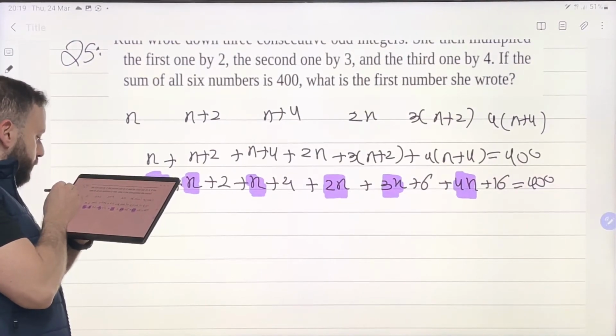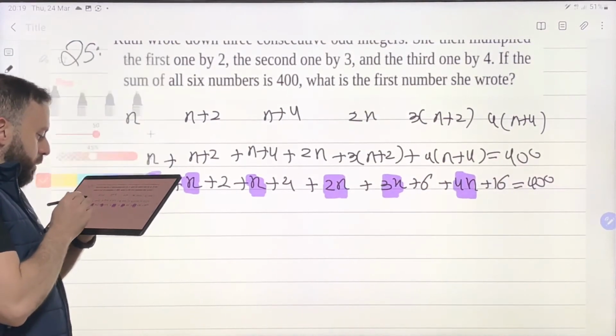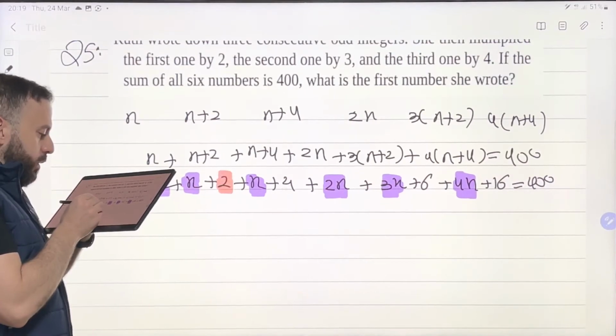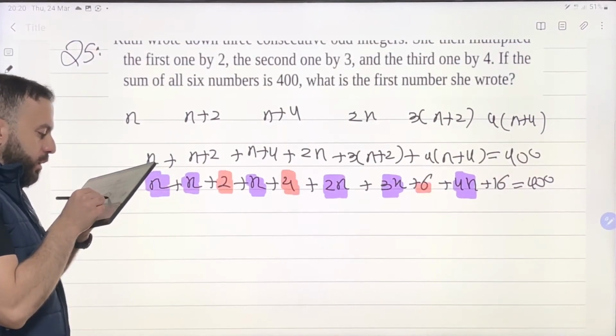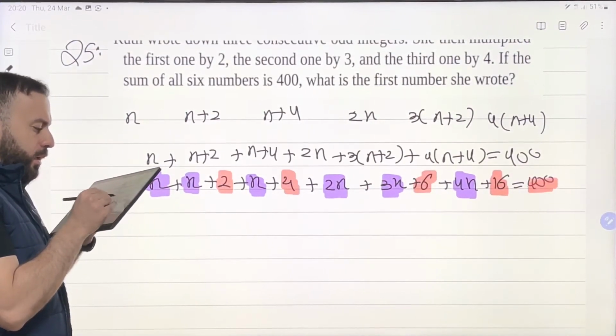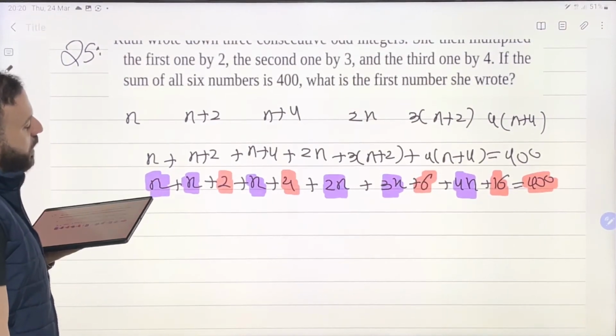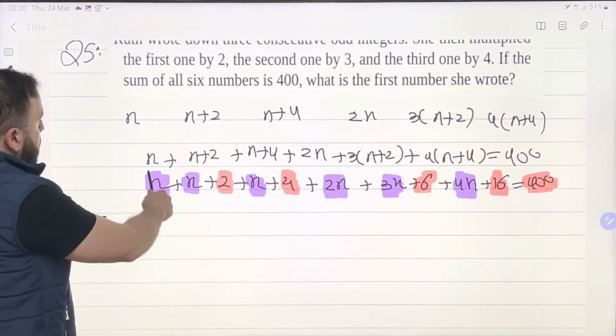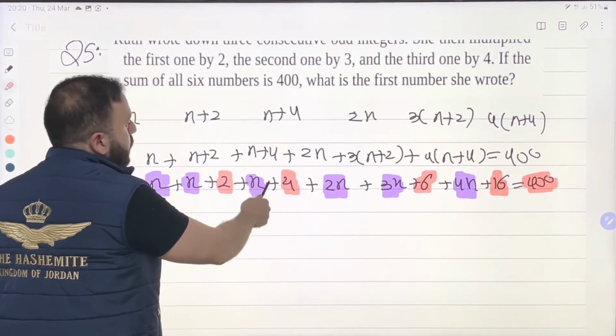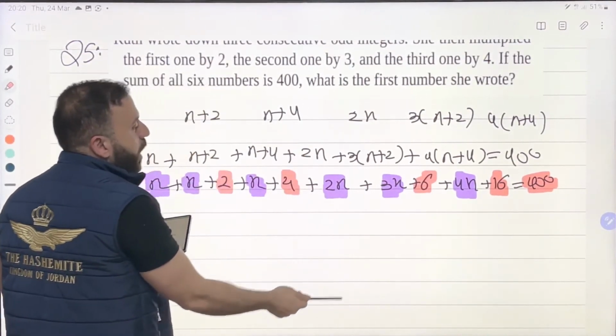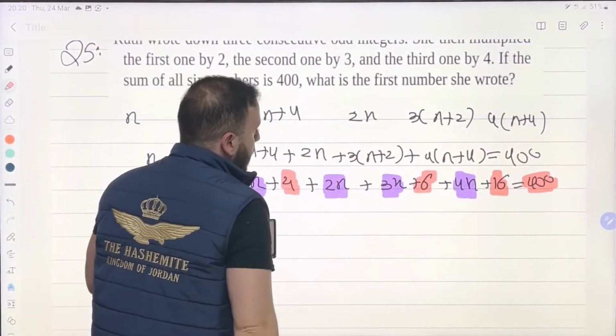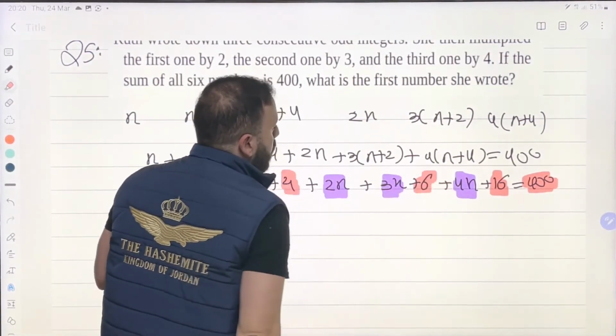Another one. We also have numbers here: 6, 16, and 2 and 4, and 400. Can you see that? So now, n plus n is 2n, plus n is 3n, plus 2n is 5n, plus 3n is 8n, plus 4n is 12n.